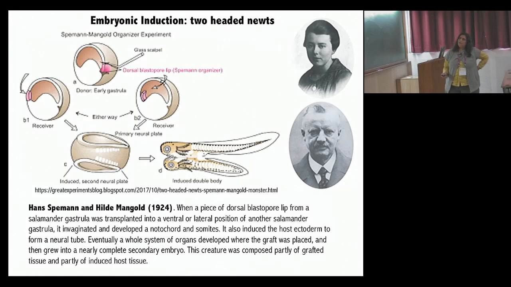who showed that if you cut out a particular piece of tissue from a frog embryo and transplanted it into a different location in a host frog embryo, that bit that you transplanted would actually give rise to structures like the vertebrae or the somites and notochord and so on.